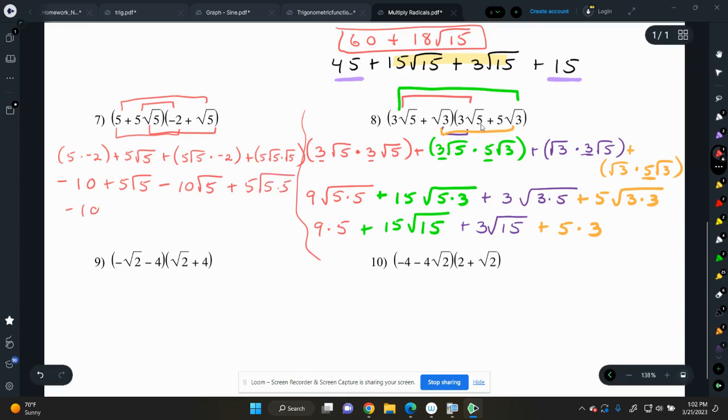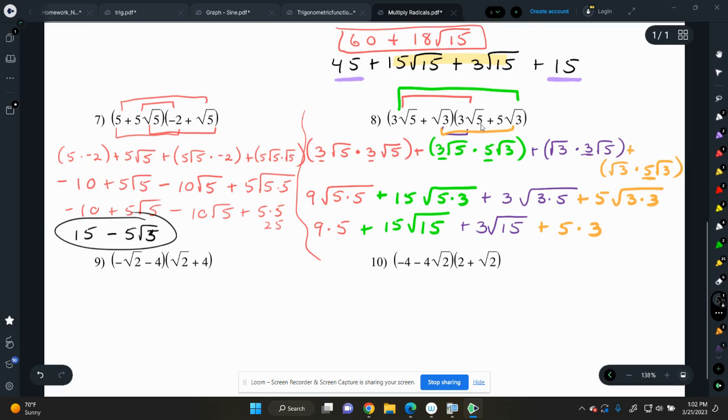So we'll take that out, and this becomes 5 times 5. Now let's combine our like terms. 5 times 5 is 25, so we have negative 10 plus 25, that gives me 15, minus 5 root 5 minus 10 root 5 gives me 5 root 5. And that's our answer.